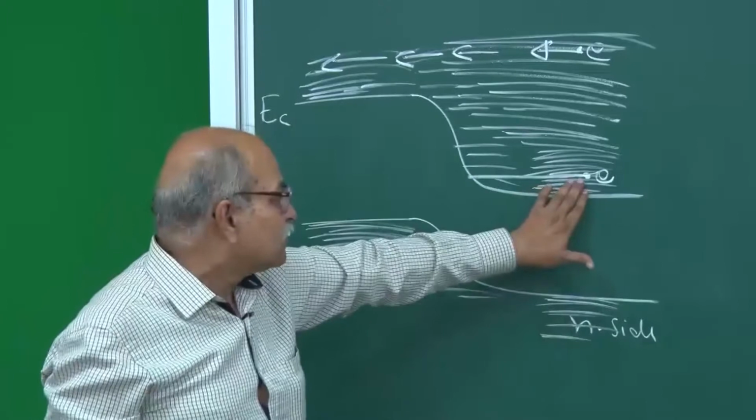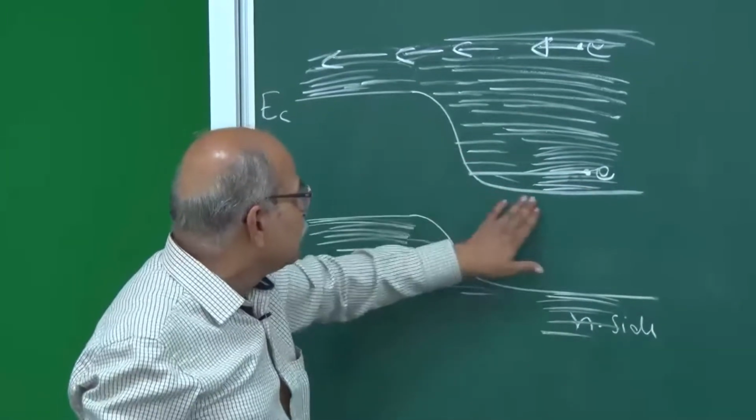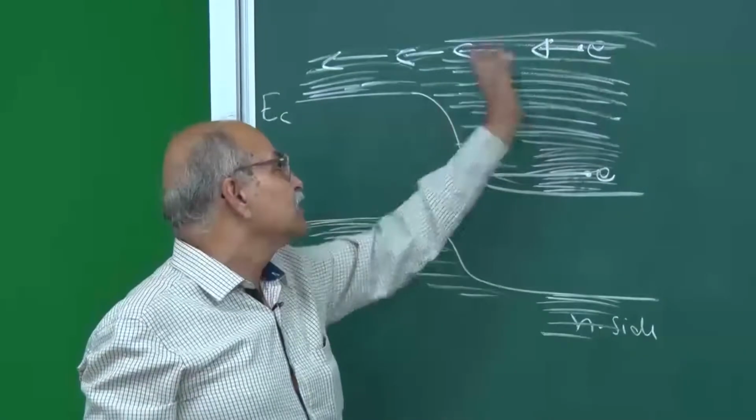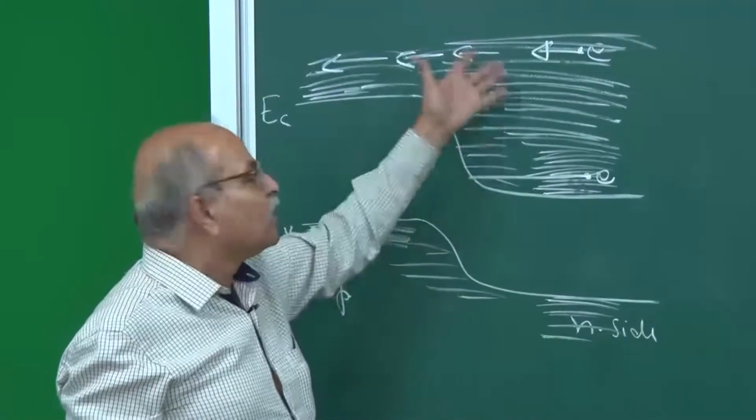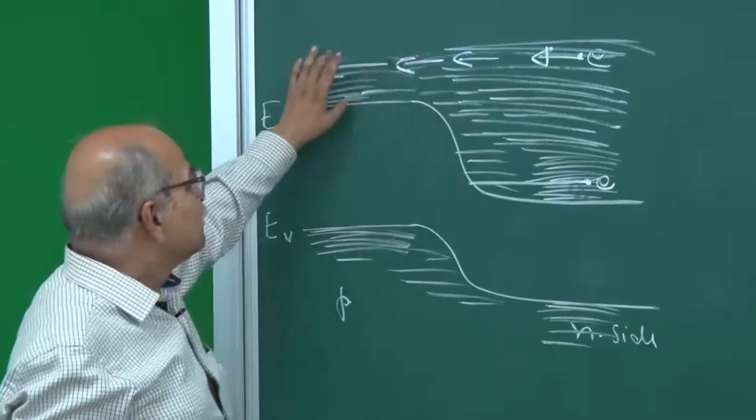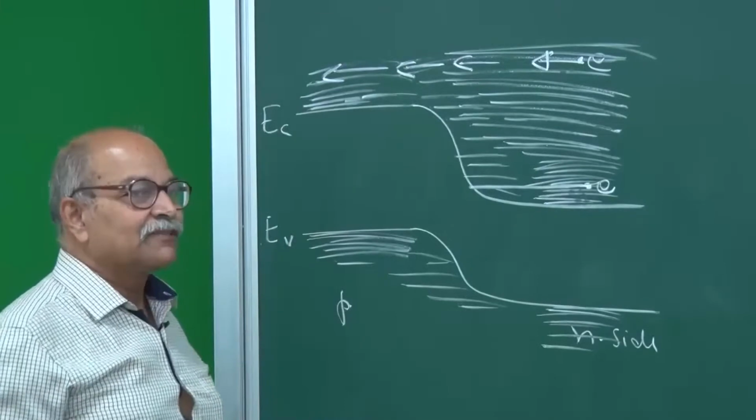So for these electrons, this barrier is not surmountable, at least classically, but for these electrons the barrier is crossed. The kinetic energy will decrease, but it can still cross over.